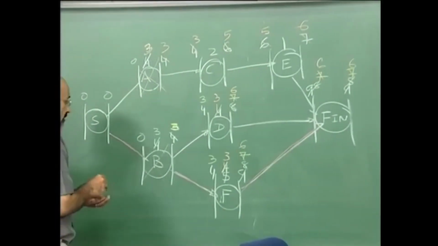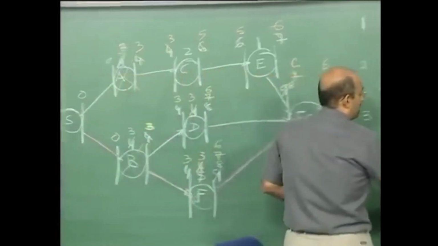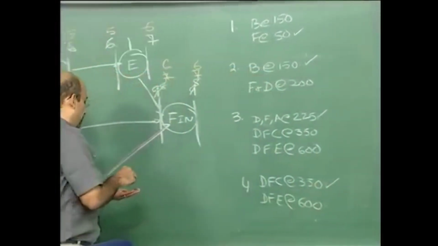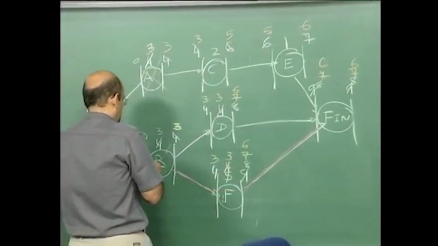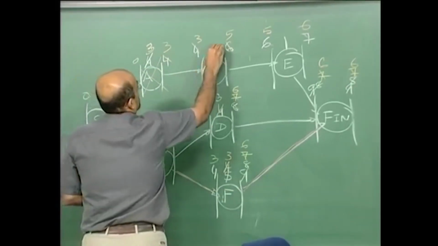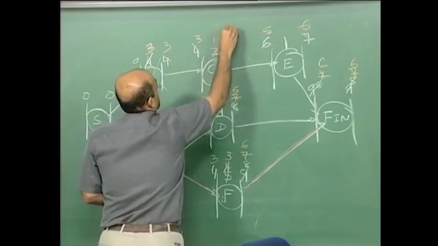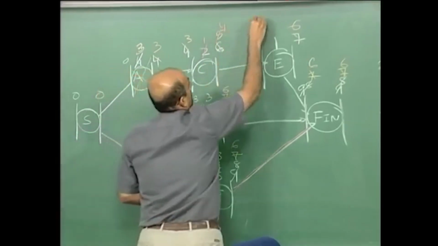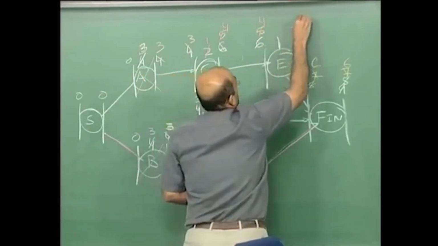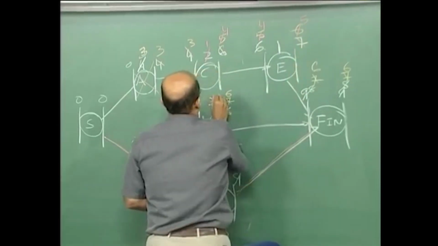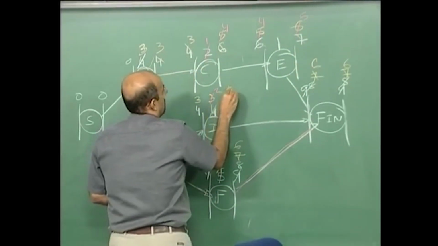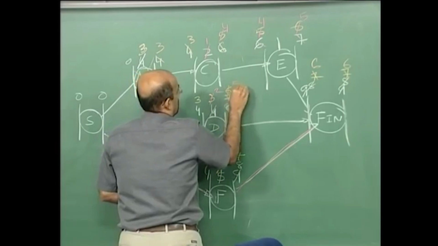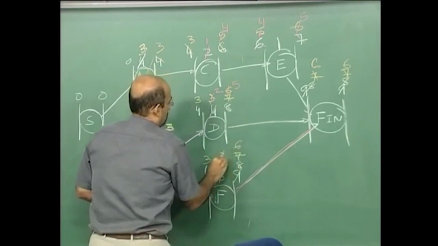Okay, and I will choose DFC at 350, which means C goes to 1, 4, 5, this goes to 2, and this goes to 2.